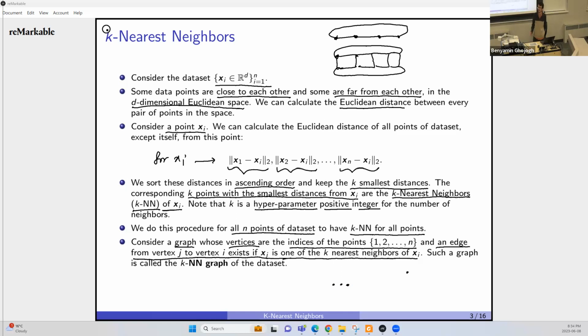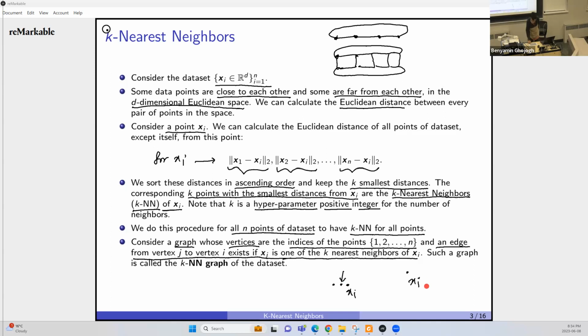So k is 1. For this point, assume it's xi. What is its nearest neighbor? This. Do you see that? Now, let xi be this. Guys, are you listening? This is an important example. So once xi is this, this is its nearest neighbor, one nearest neighbor.